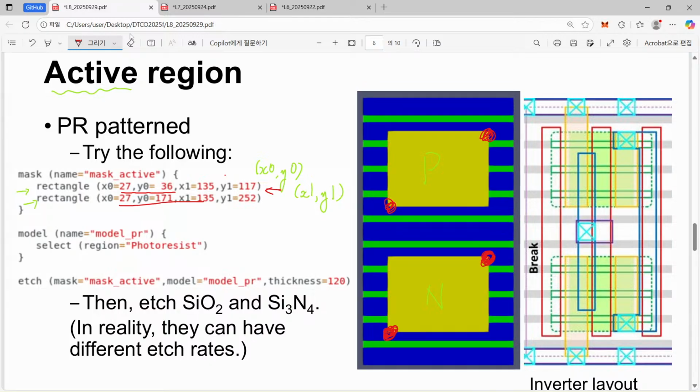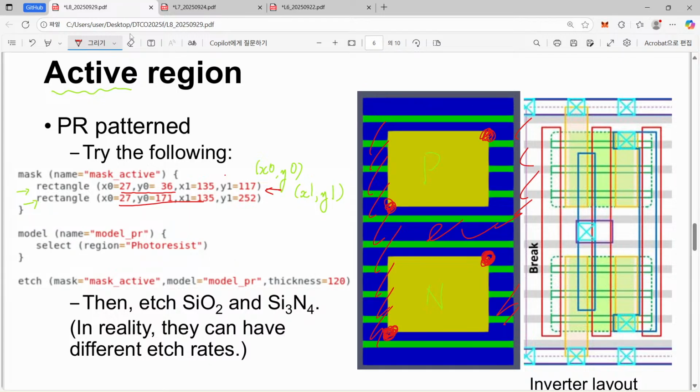After that, for other parts shown here, light is exposed, and now our PR becomes quite weak against this etchant. Then by washing, they are gone.